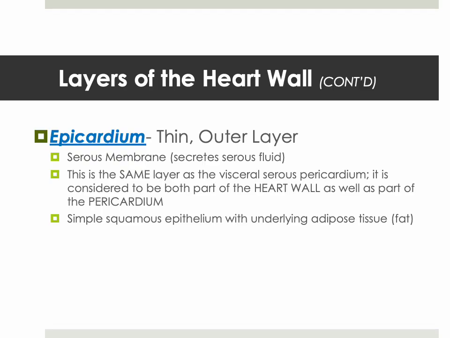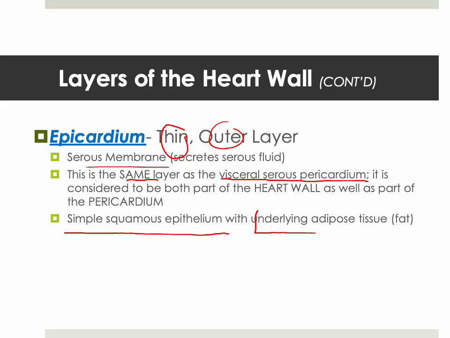Perfect. So the first layer, the epicardium, is a thin outer layer, and it's a serous membrane because it's the same layer as the visceral serous pericardium. You remember that innermost layer? It's the same one. It's one and the same. Okay? It's made of simple squamous epithelium, and underneath it has adipose tissue, meaning fat. The fatter we get, the thicker that area is.